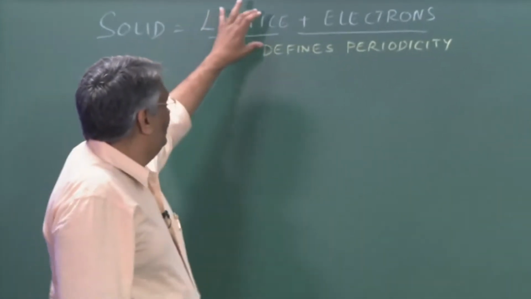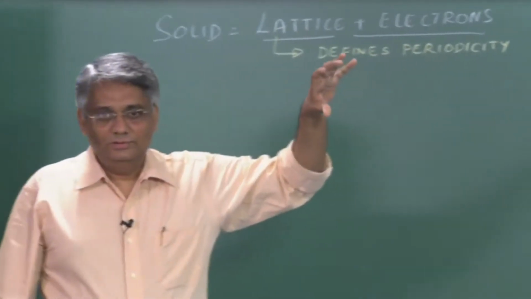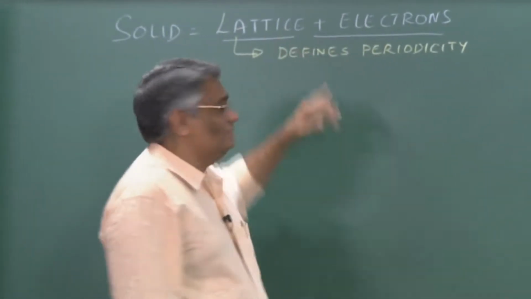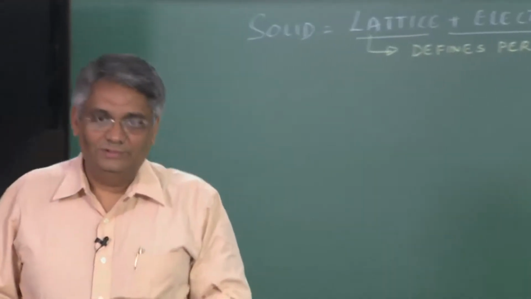So a solid is a combination of lattice plus electrons, and it's a lattice that always defines periodicity.